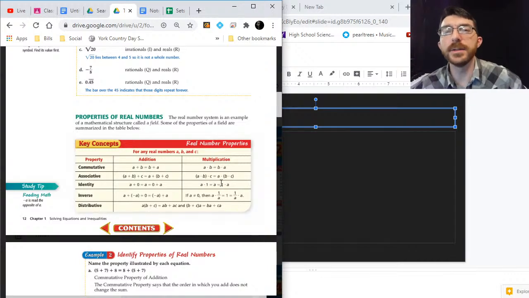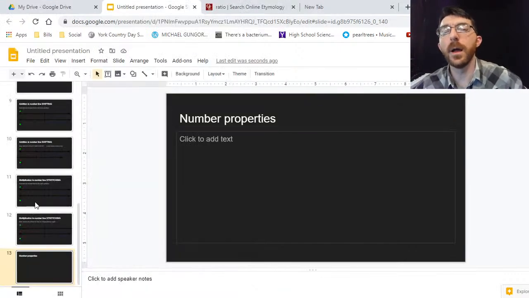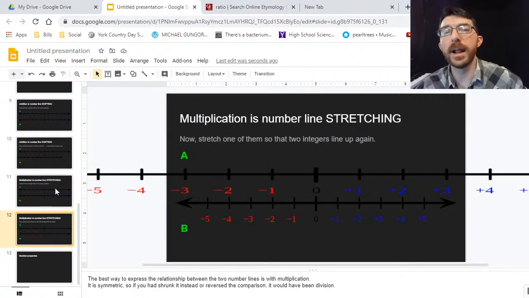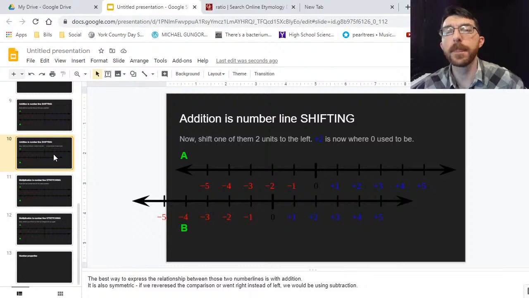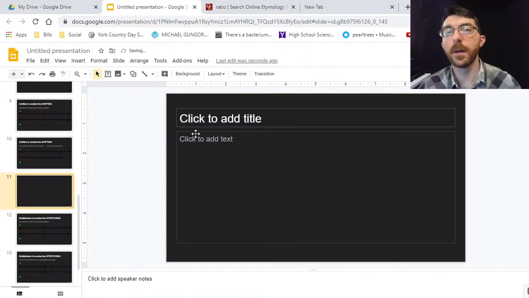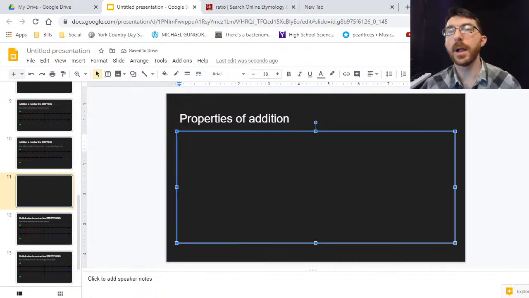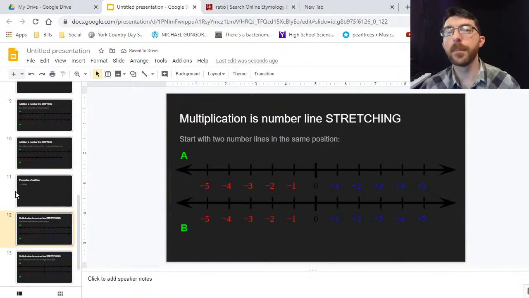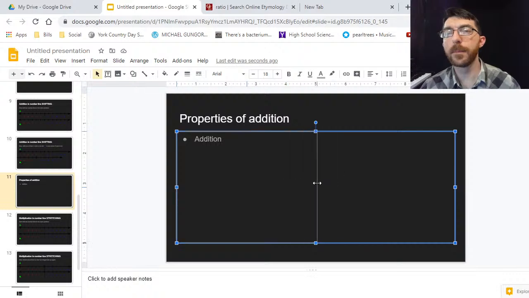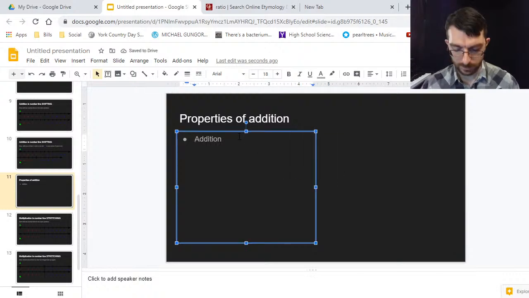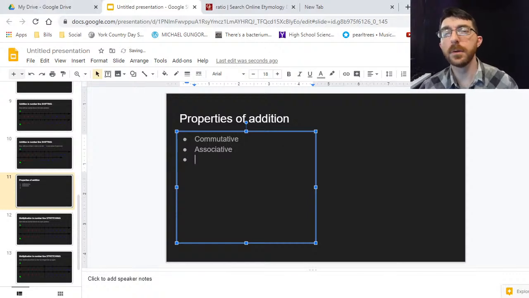So addition has an identity. Okay, good. Properties of addition. I guess I can make a bulleted list. Ah, I know what I'll do. Addition is commutative. It is associative.